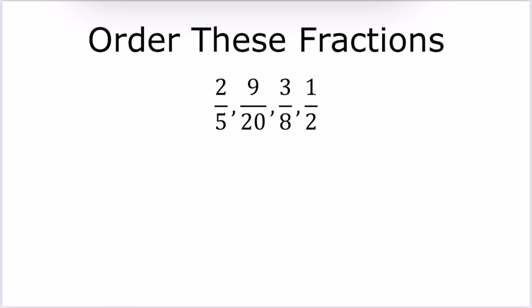And so what I might do in this case is find a common denominator between all of them. So to find the common denominator, I'm going to list out the multiples of all 4 of these denominators.